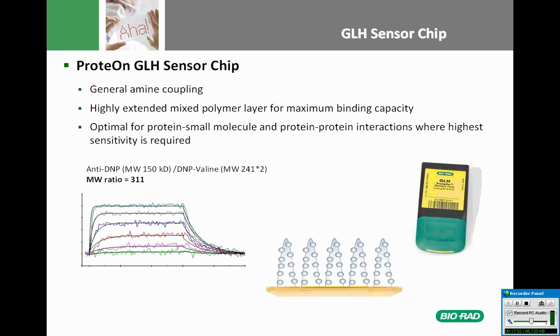The third chip is a GLH with high capacity, and with this chip you can even immobilize up to 20,000 RU of ligand, which is optimal for very small molecules. You can see in this example the interaction of an antibody with a molecule of 241 Dalton. So the ratio is really challenging, but the sensorgrams are very significant and nice.